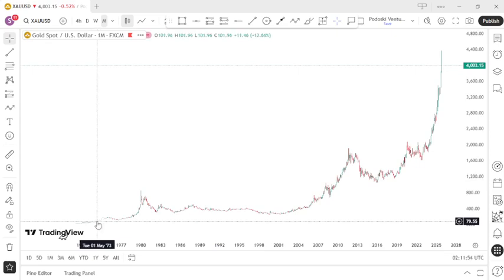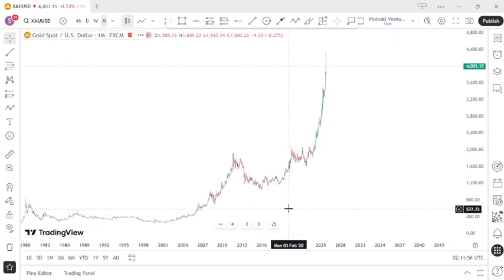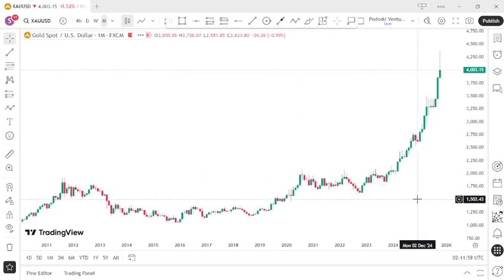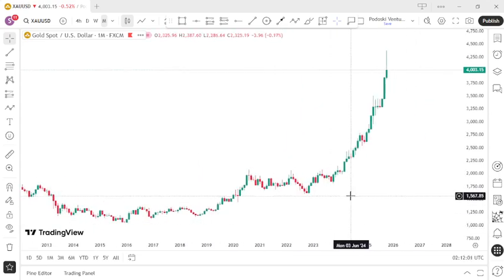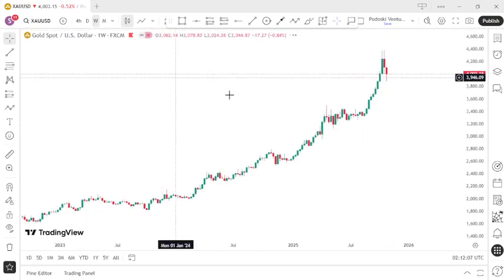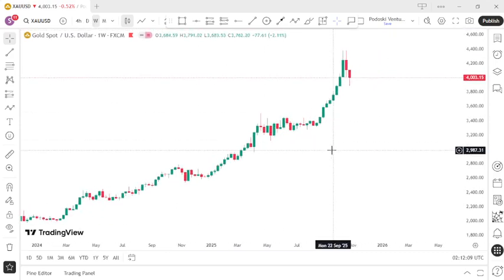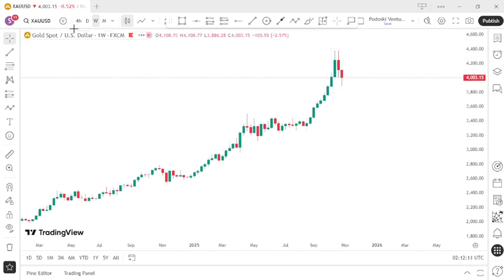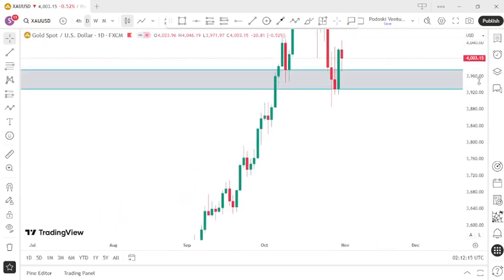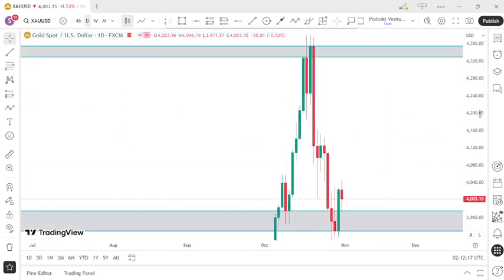So it's still moving to the upside, and that is why I can't start on the monthly. Neither can I start on the weekly because the weekly is still showing the same direction. So I'm going to start on the daily on gold.